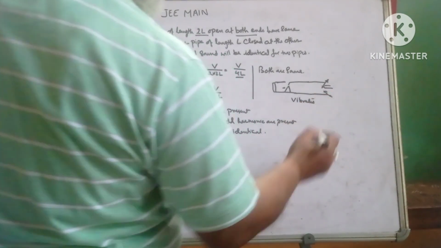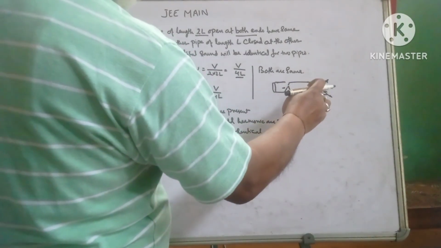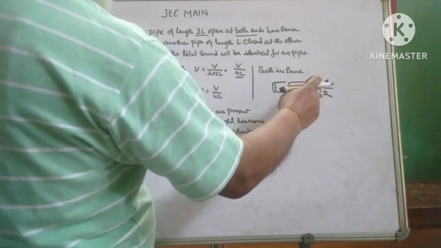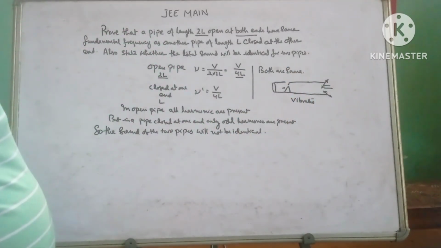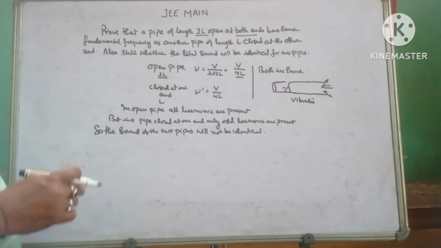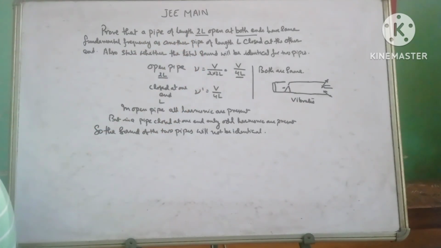This is how the sound gets reflected and it produces nodes and antinodes. So this is how a flute works.